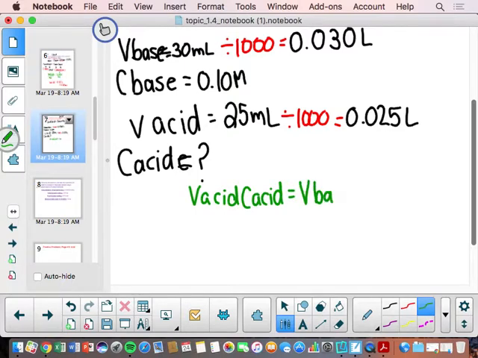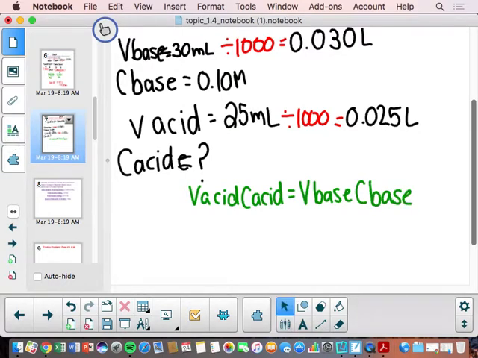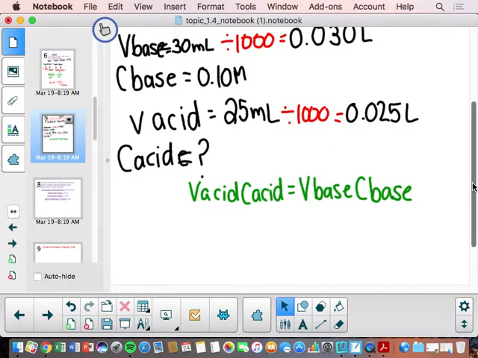V base and C base. Alright, so now we need to plug that into our formula. So our V acid, if we look at our little chart here, is 25 milliliters.